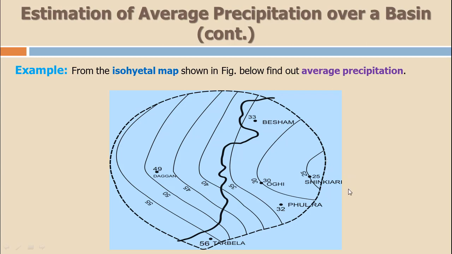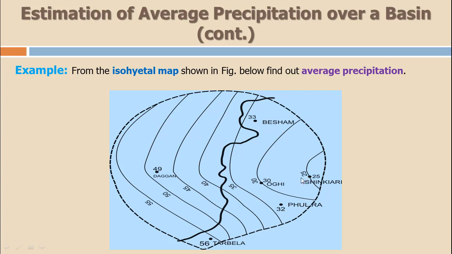For this starting boundary the value is 25 and the precipitation value at this isohyete is 25. So the average of these two will also be 25, and then we will find out the area. So multiply this average with this area. So this is P1 into A1.